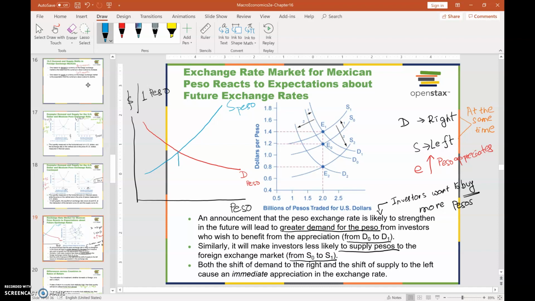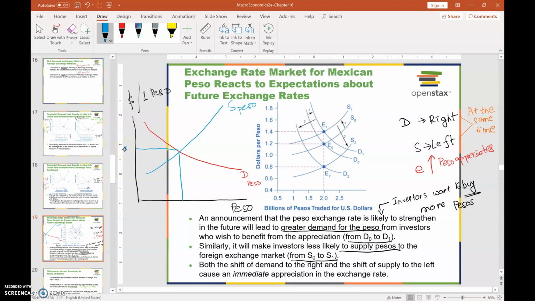The exchange rate is $1.2 per peso, and the quantity of pesos traded in this market is 2 billion.